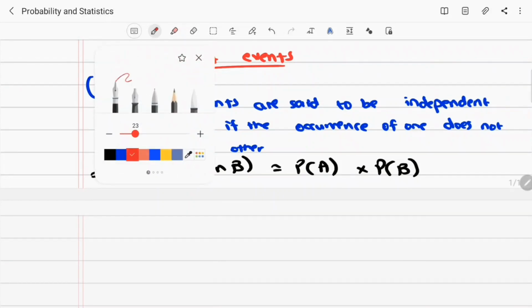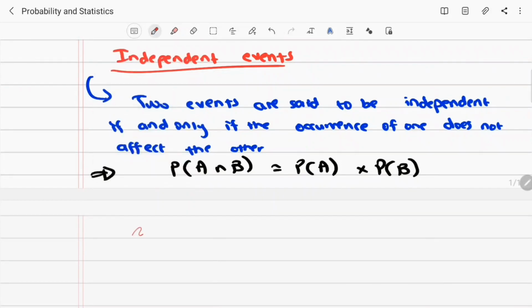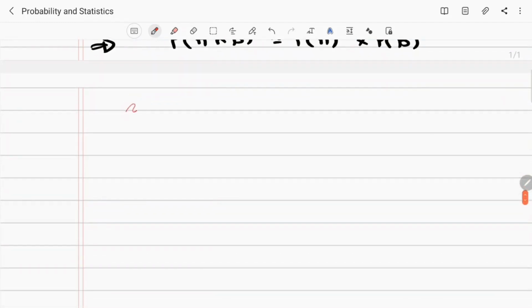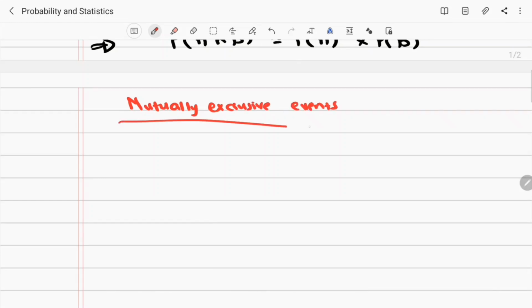Now let's look at mutually exclusive events, or sometimes what we call disjoint. This just means that if we have events A and B, they cannot happen at the same time.